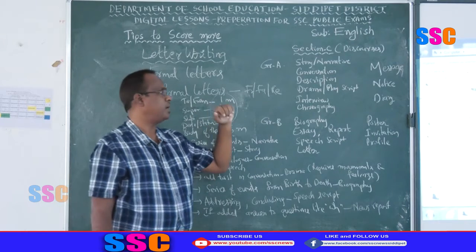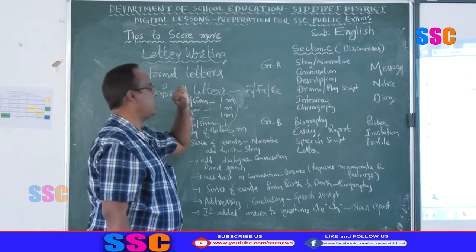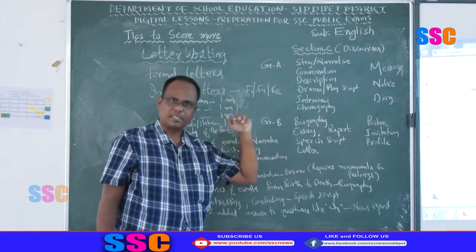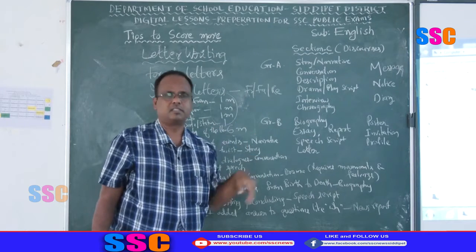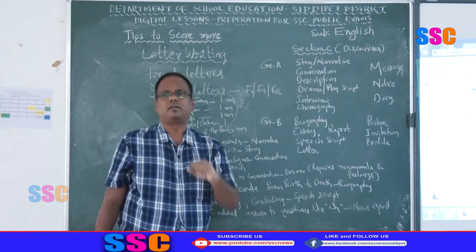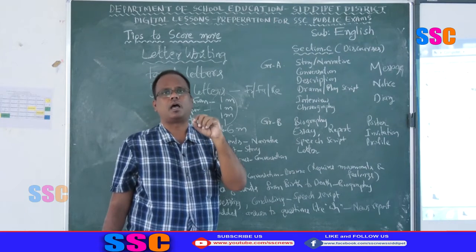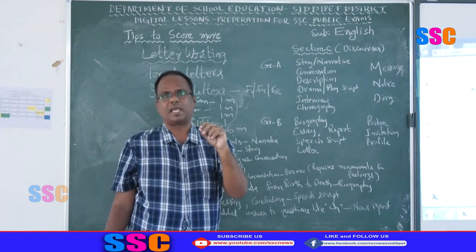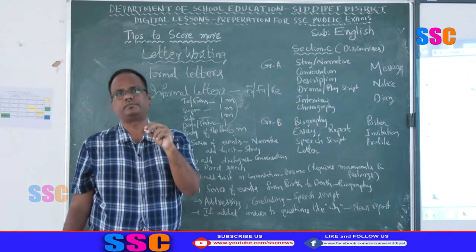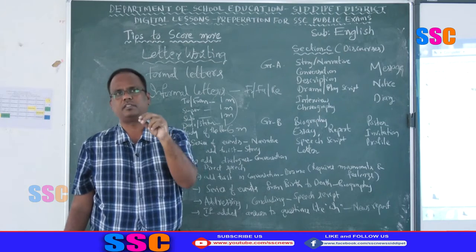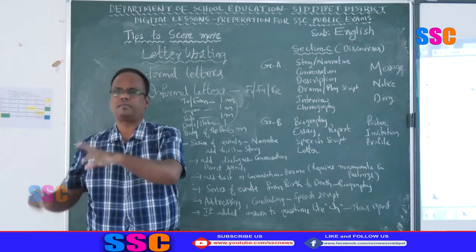Okay, that becomes your first part of the letter. And in the second part of the letter, that is the body of the letter, there you are writing, so I am so and so, I am a graduate of science from government degree college, something like that.